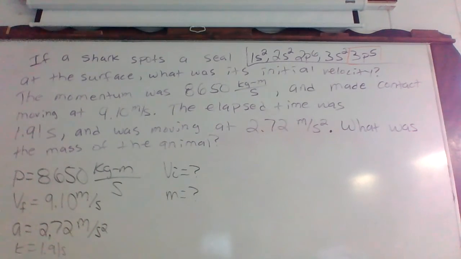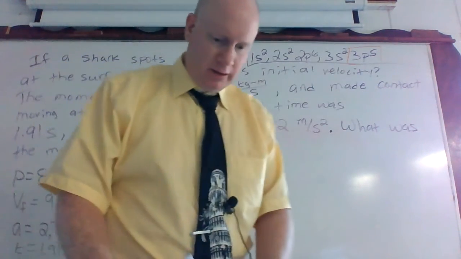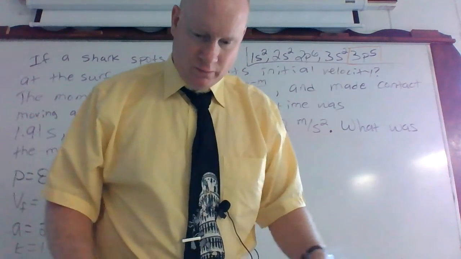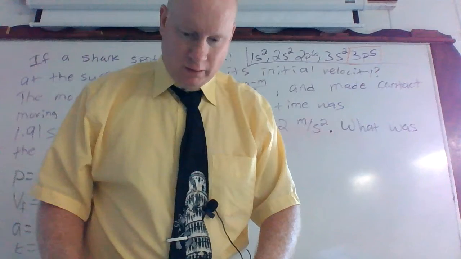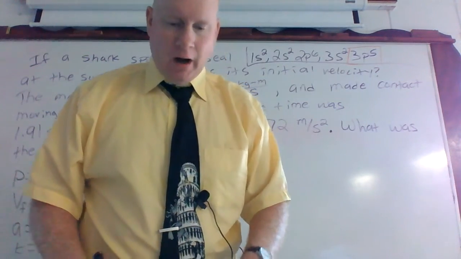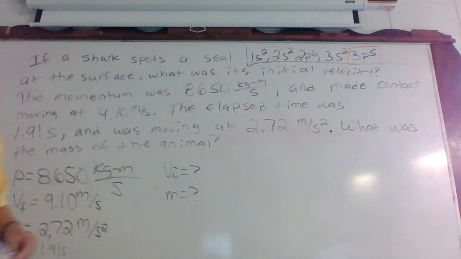So, let me look at some of my notes here. Okay. All right. So now, we need to pick. Can we solve for both of them? Yes, we can. Okay. So you need to pick one. Okay.